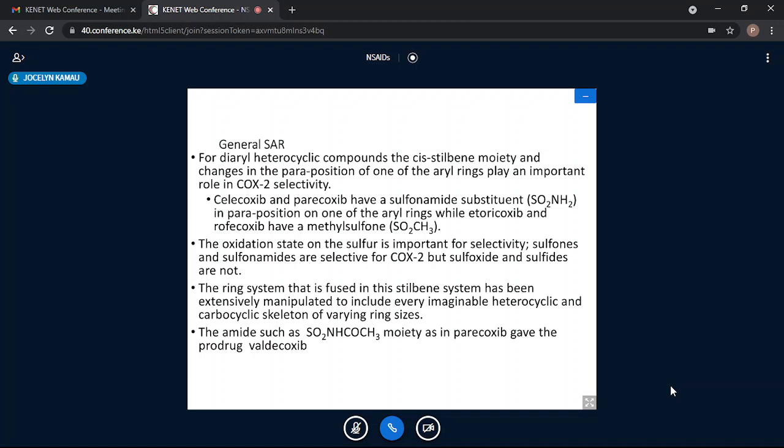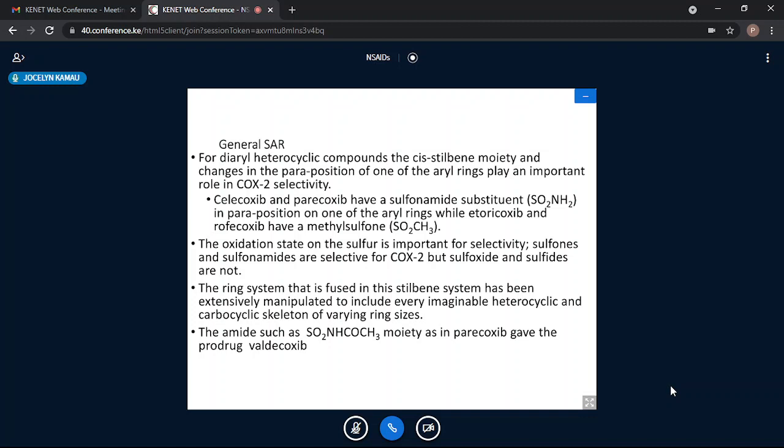We moved on to the coxibs, and definitely I highlighted the fact that the coxibs are selective COX-2 inhibitors. Please note, they are selective COX-2 inhibitors. They go for the COX-2 enzyme, and it is of high relevance that they go for the COX-2 enzyme, because we had mentioned that COX-2 is usually the inducible one.